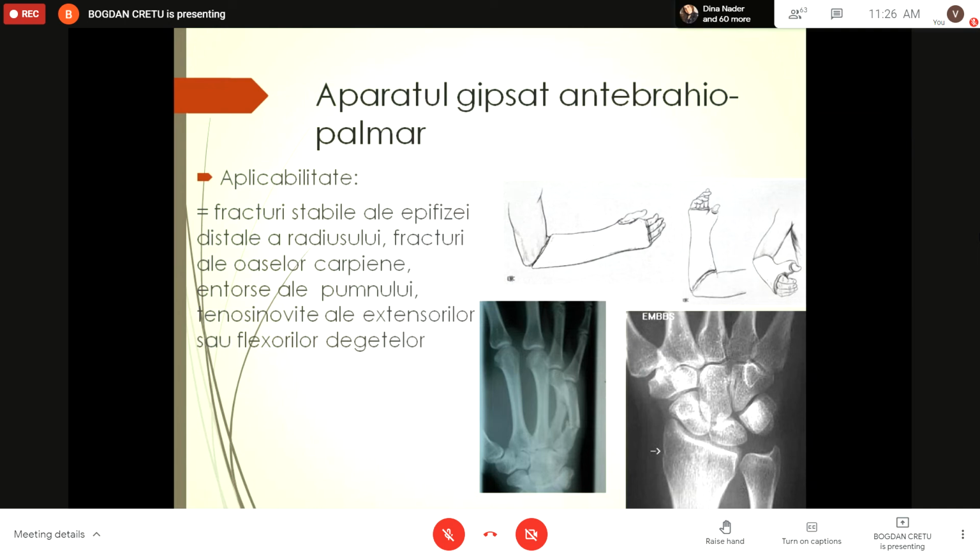The antebrachial palmar cast is used in stable distal epiphysis of the radius fractures, fractures of carpian bones, wrist sprains, tenosynovitis of the extensors or the flexors of the hand.